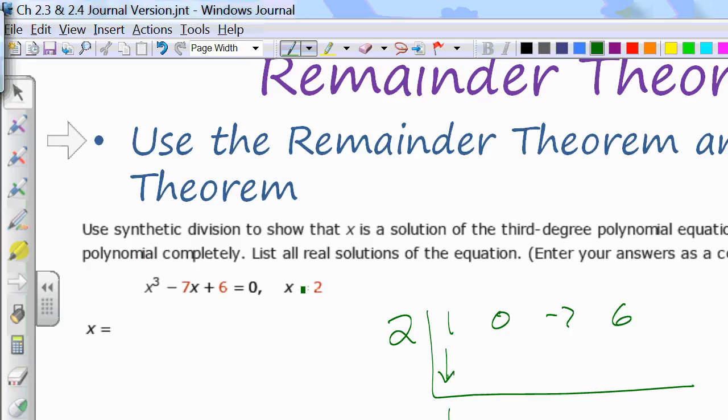So I bring this straight down. I have a 1, 2, 2, 2 is 4, negative 3, negative 6, 0. This tells me no remainder. This now becomes x squared plus 2x minus 3.